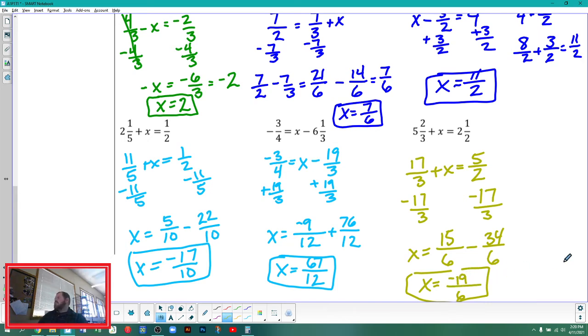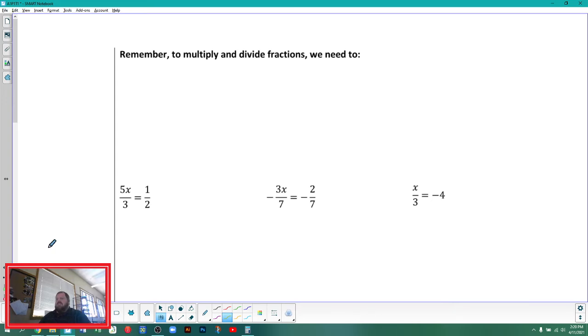There we go. Okay, let's take a quick look at the back side. I think it'll be a little bit nicer. This side, there were a lot of problems, but we needed to get that practice. On the back, we're talking about multiplying and dividing fractions. That's what's going to be involved in these ones. To multiply and divide fractions, for multiplication, we multiply straight across.